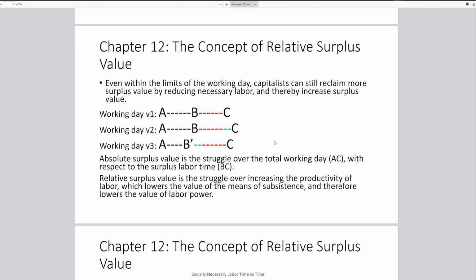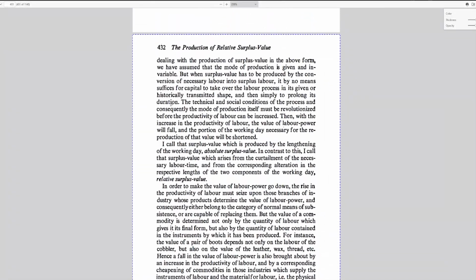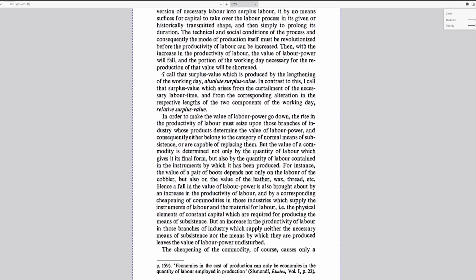That is a dovetailing concept, because as technology improves, you can produce more cheaply, productivity goes up, and you can, to a degree, get away with not increasing wages commensurately with that increase of productivity, because the prices of the commodities become lower.